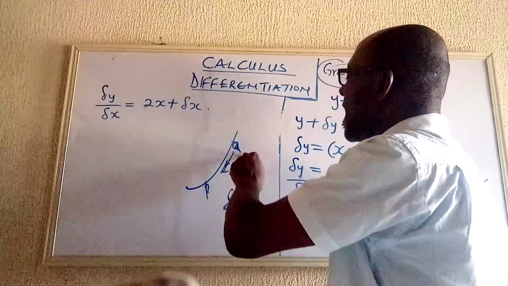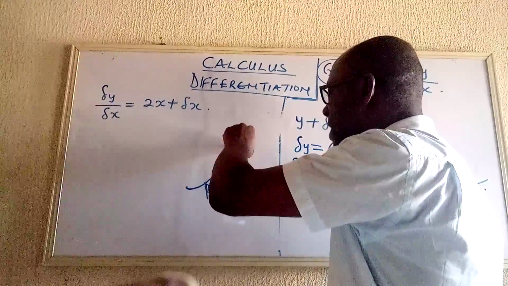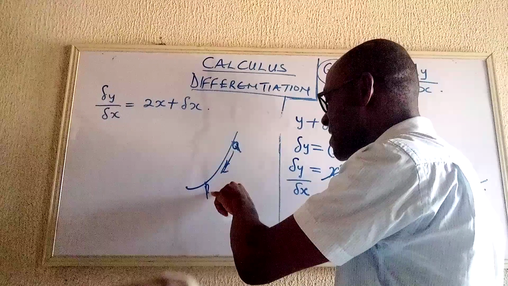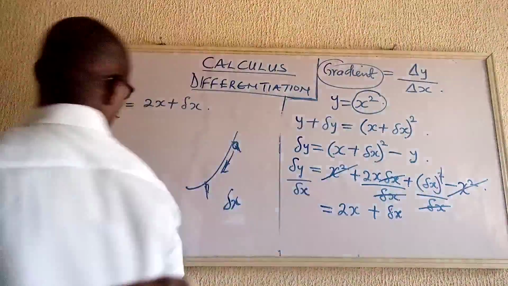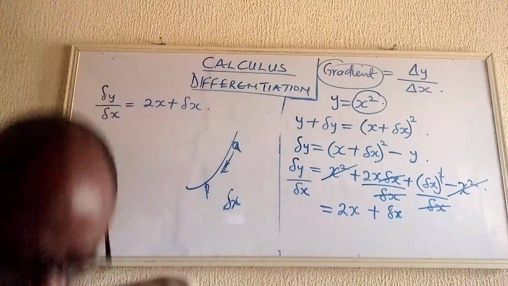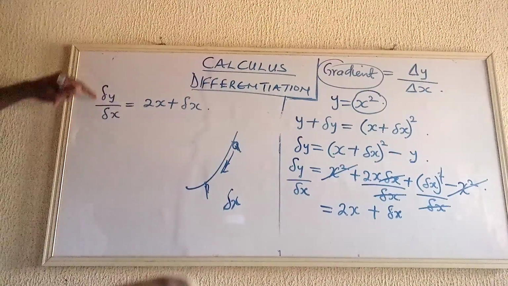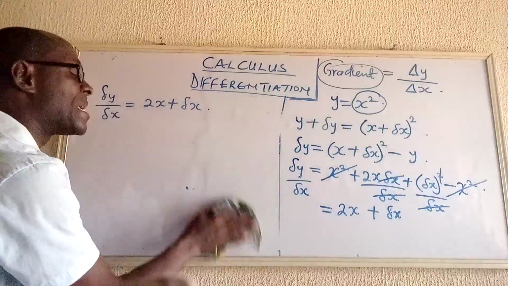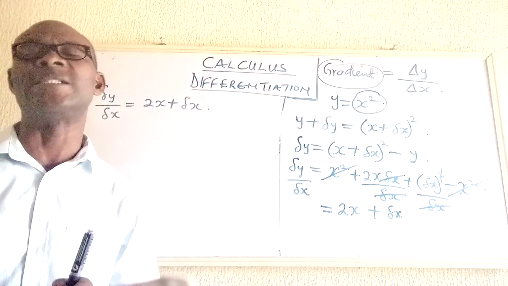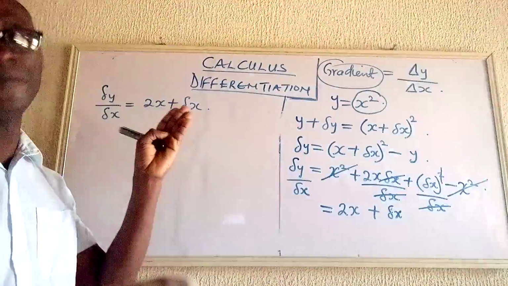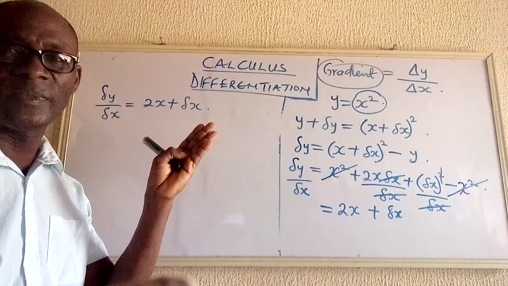So as delta x is approaching 0, then delta y over delta x will be approaching its limiting value, which is the gradient function of the curve.